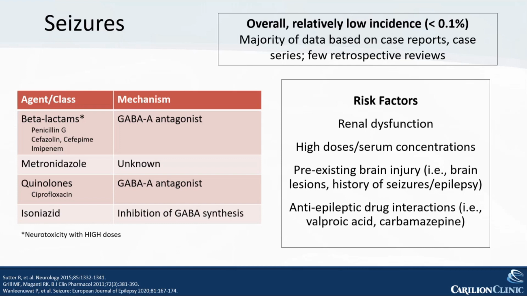So in most cases, it's not a major concern. One exception would be cefepime. It can cause some neurotoxicity, and again it's almost always associated with an overdose situation, so higher than normal levels, but it can be associated with cefepime a little bit more frequently than some of the other beta-lactams. Generally, a dose reduction is all that's needed to reduce that toxicity.